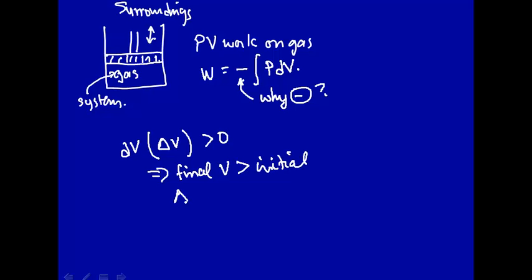So delta V will be greater than 0: the final minus initial, the final volume is greater than initial. Or if we look at a differential, dV will be greater than 0, the change in volume.